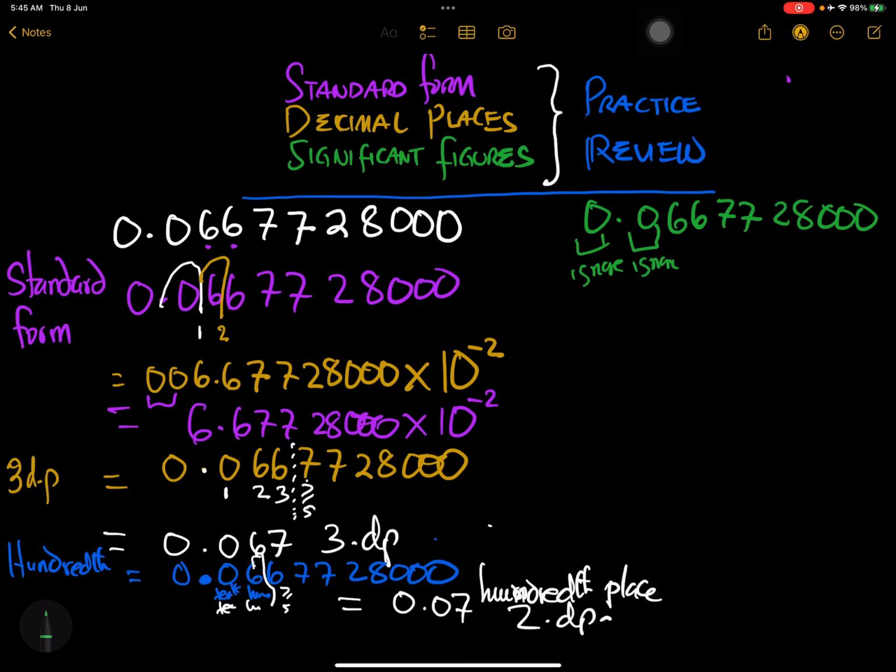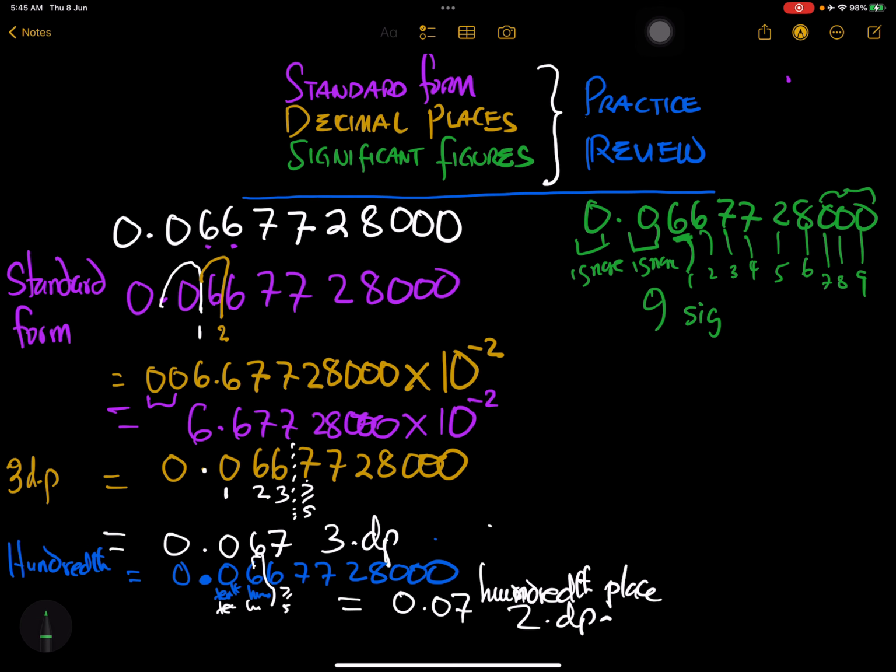So we can count 1, 2, 3, 4, 5, 6, 7, 8, 9. We count these because we started counting the first significant figure at a non-zero number, so any 0 that comes after this number is important. So we have 9 sig figs.